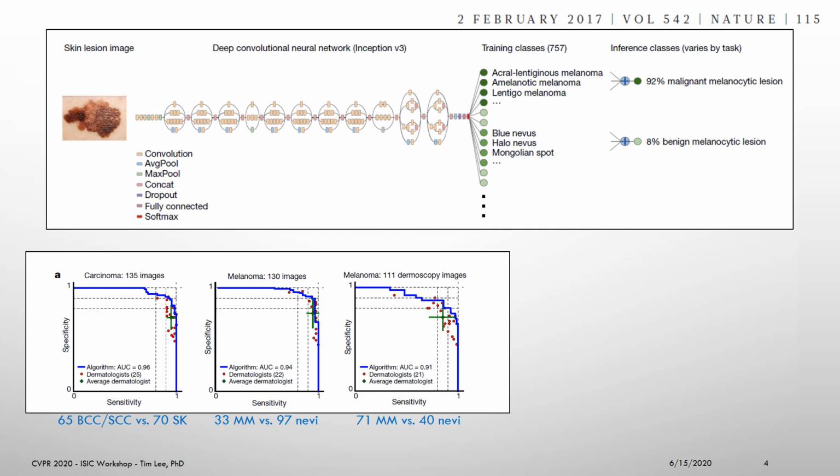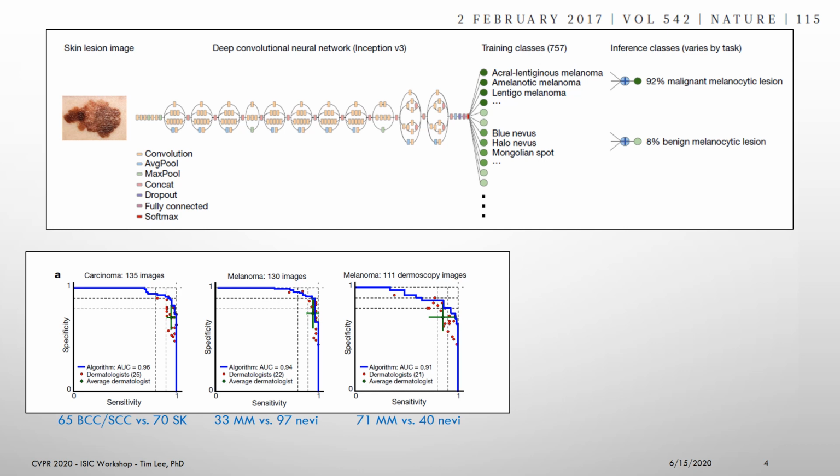The first one differentiates 65 carcinomas, which are basal cell carcinoma and squamous cell carcinoma, against 70 seborrheic keratosis, and compares the classification result with 25 dermatologists. The sensitivity and specificity of dermatologists are plotted as red dots in the leftmost panel of figure A. The green point averages all dermatologist results.